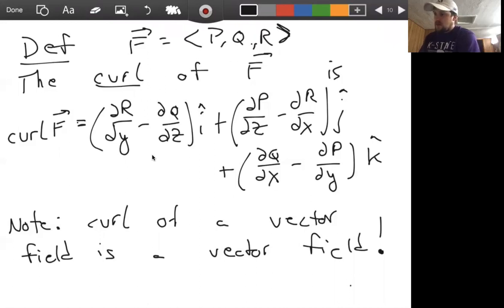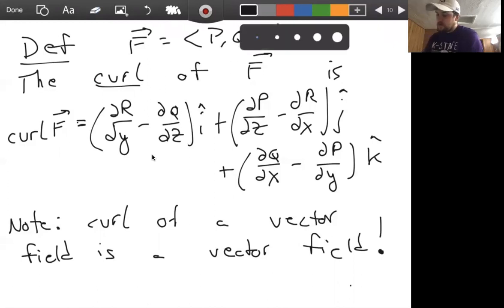Well, let's look at this expression for the curl a little more here.